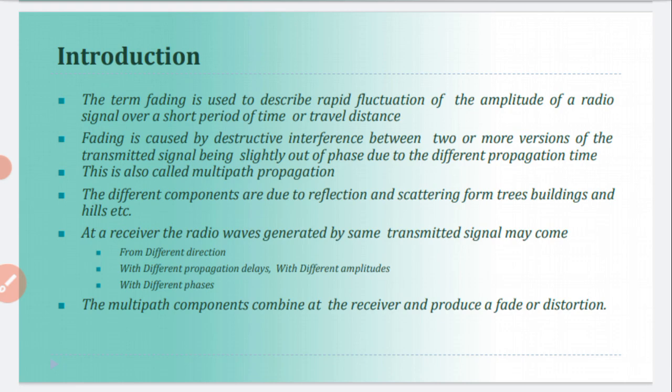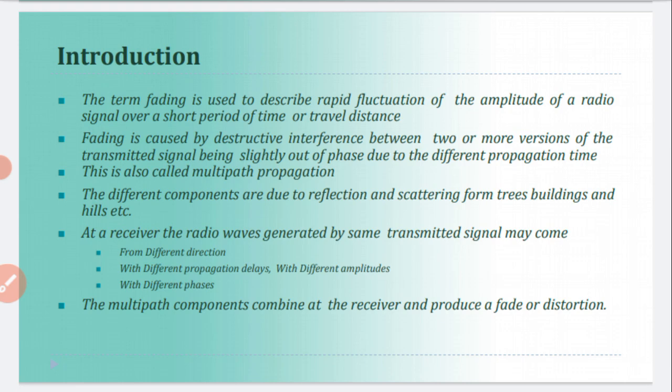Then, consider 5 seconds later, another wave reaches the receiver. Then after 5 seconds, another wave comes from the transmitter side to the receiver side. So there will be some delay in the signals, right?